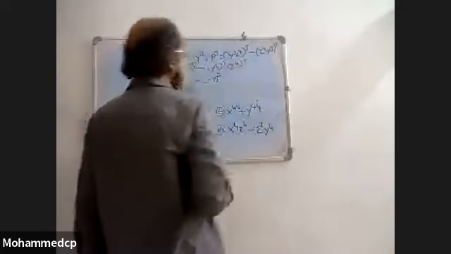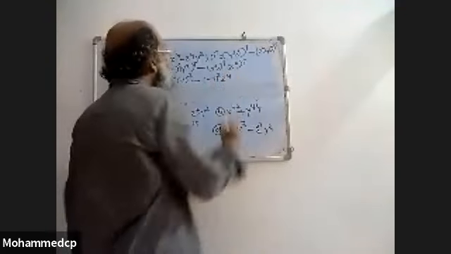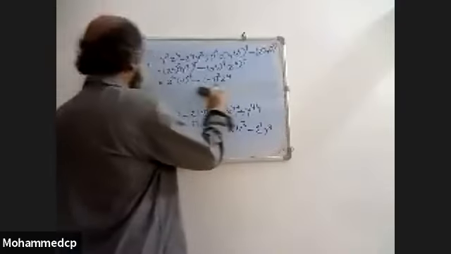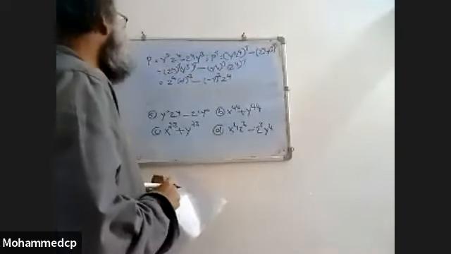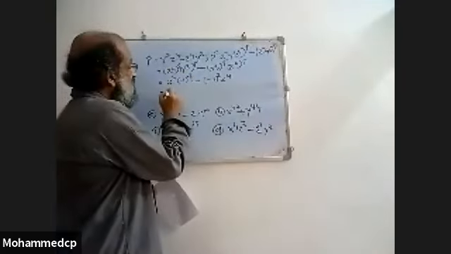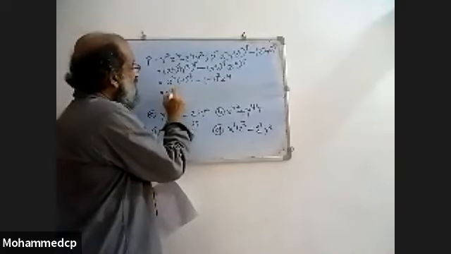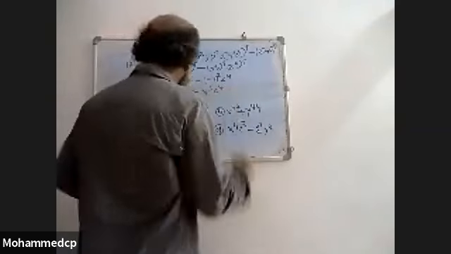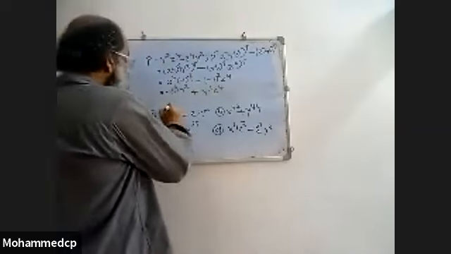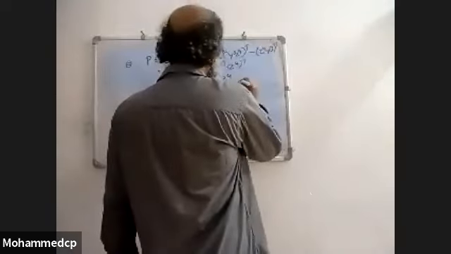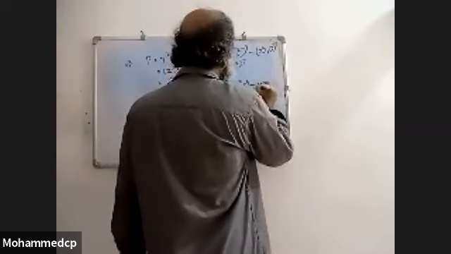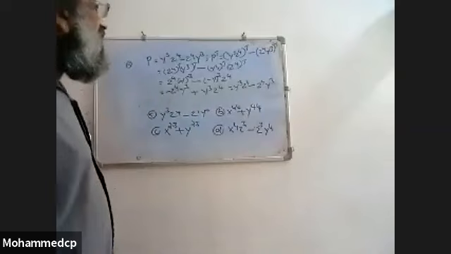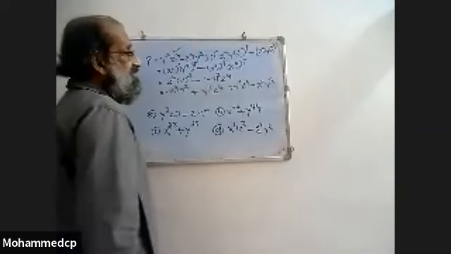Therefore, we get minus Y cube Z raised to 4 minus Z raised to 4 Y cube, or we write in reverse, plus first, Y cube Z raised to 4 minus Z raised to 4 Y cube. That is our P itself.